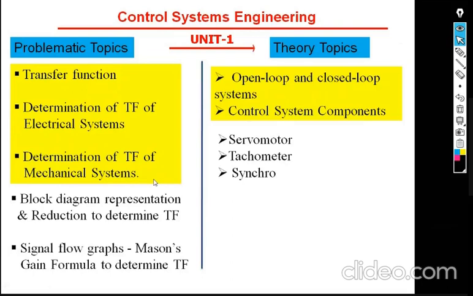I spent some time on that particular topic because in the end examination, maybe the examiner will prefer to ask about the electrical analogous system of a mechanical system rather than determining the transfer function. So keeping that in view, I also discussed how to obtain the electrical circuit for the given mechanical system in the previous class.